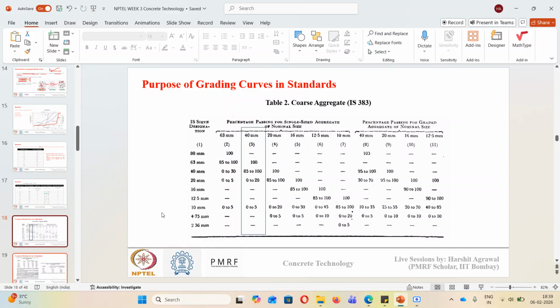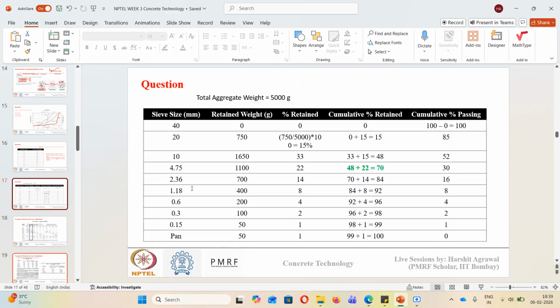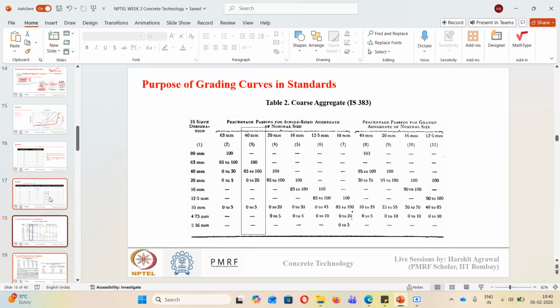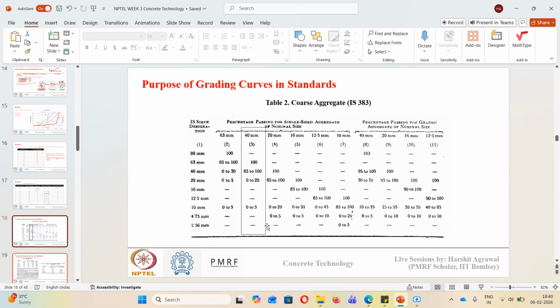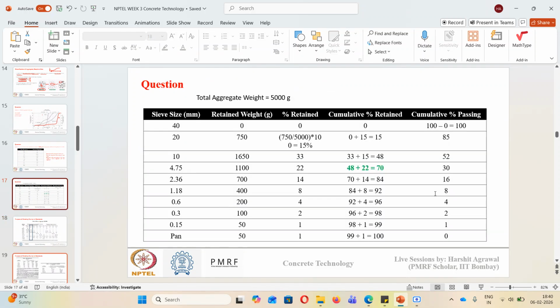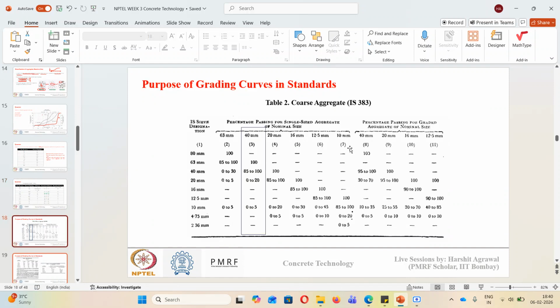At 10 it should be 0 to 20 for 20 nominal aggregate size. At 10 it is 52 for us, so it is not in this range. So right now the aggregate composition that we took is not satisfying what the code is saying. There are curves given for single sized aggregate and also for mixed size aggregate.